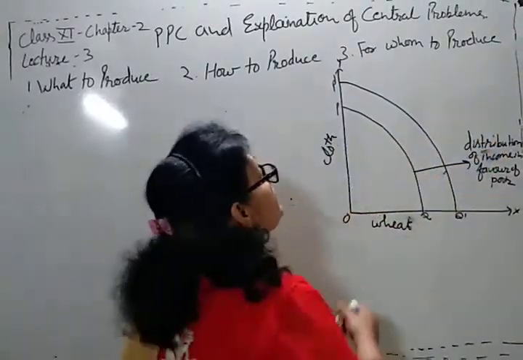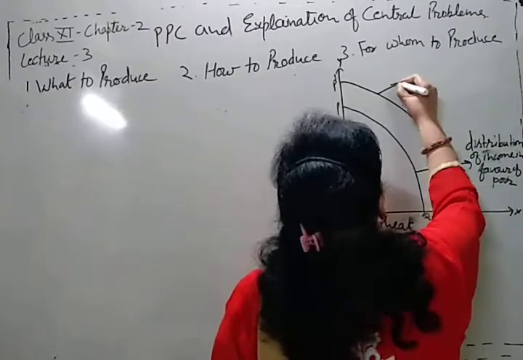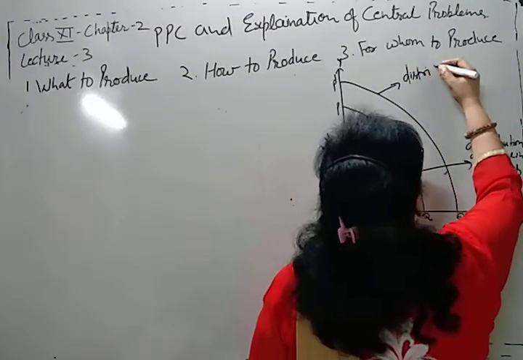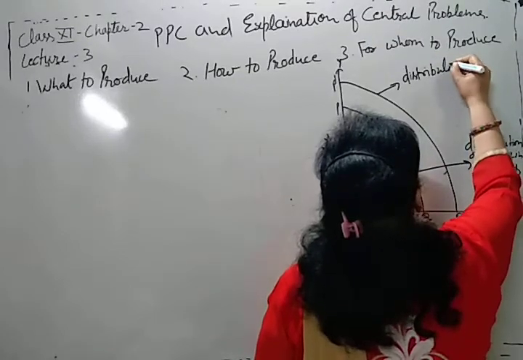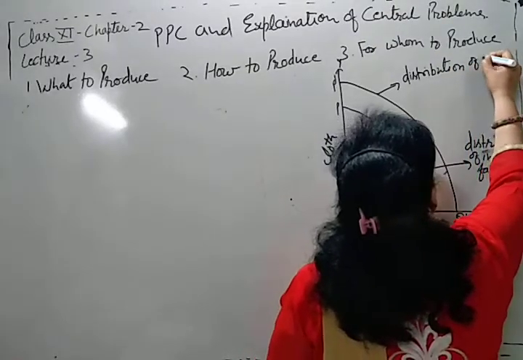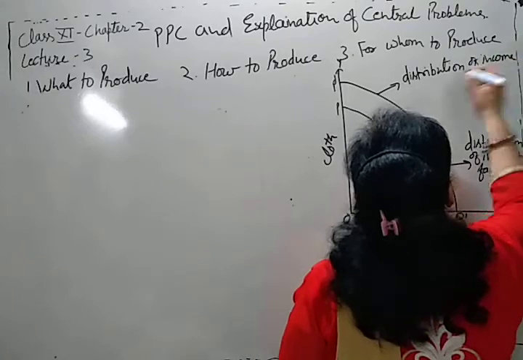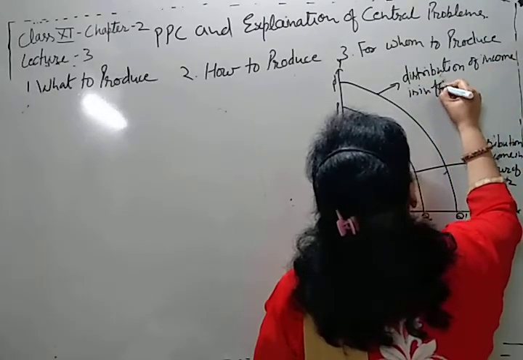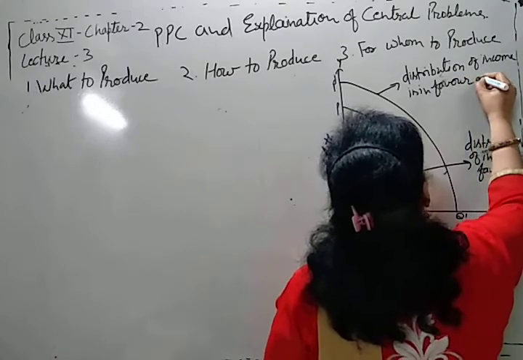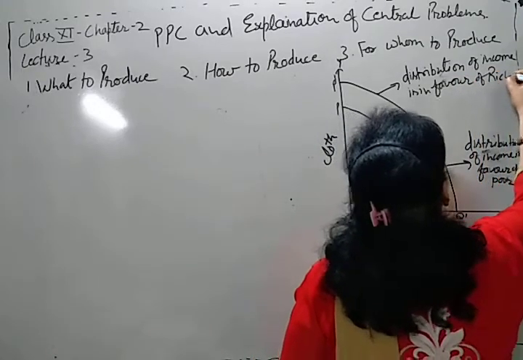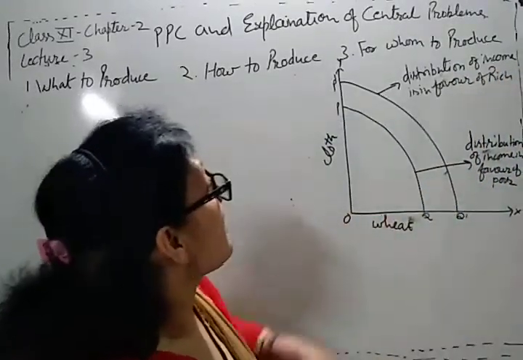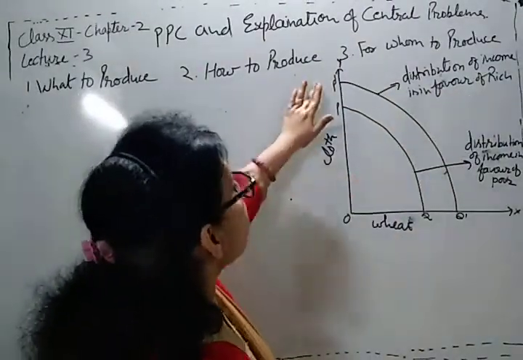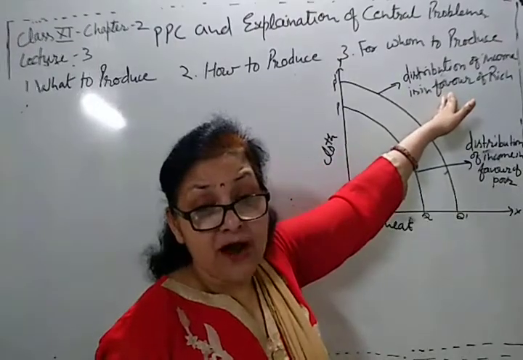But if distribution of income is in favor of the rich, then PPC shifts rightward.